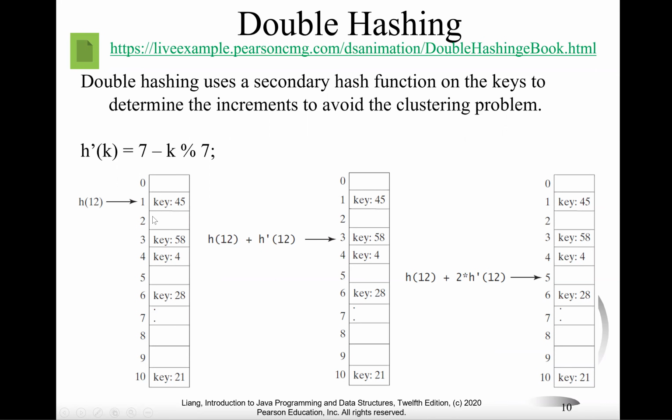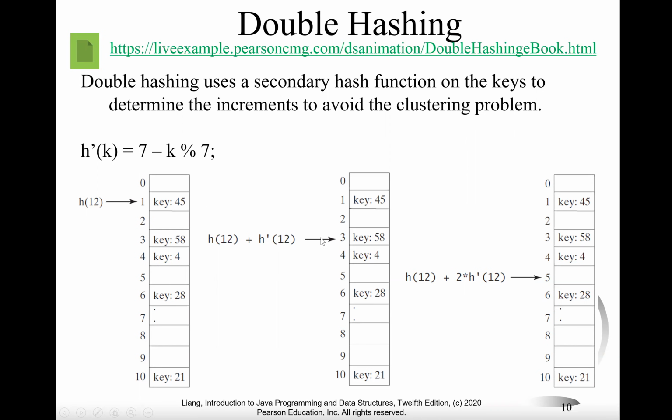But now what we're going to do is add a value that is dependent on the key. So we're going to develop this secondary hash function, h prime of k equals 7 minus k remainder 7. Here k is 12, and 12 remainder 7 is 5. 7 minus 5 is 2.